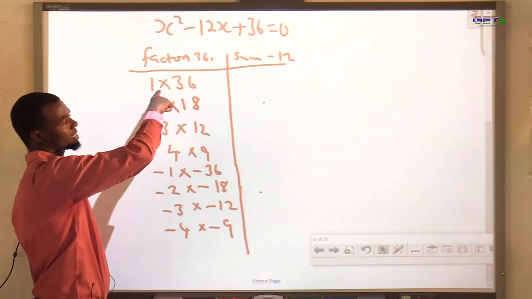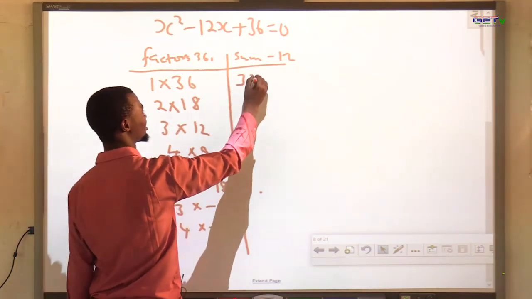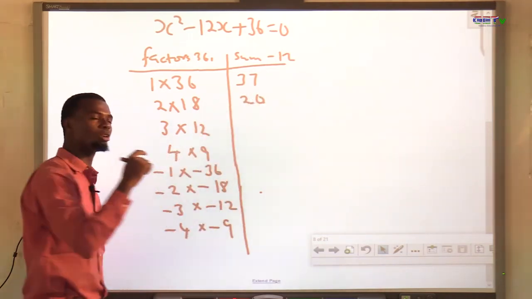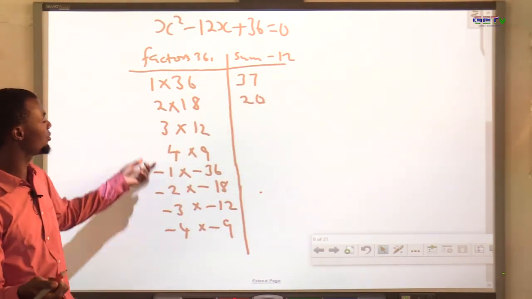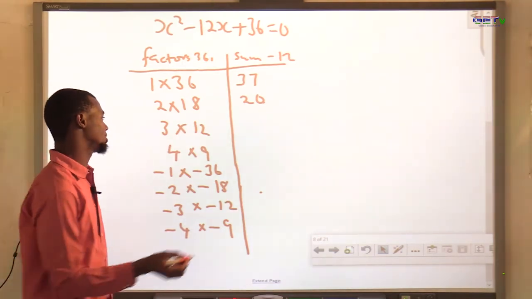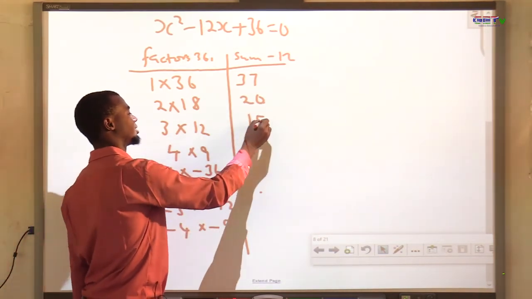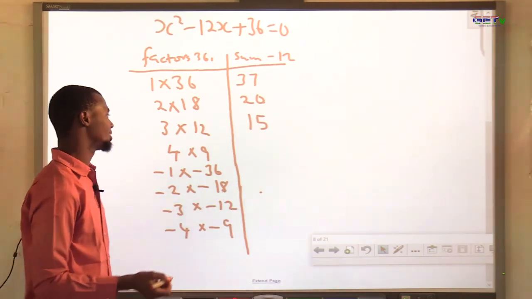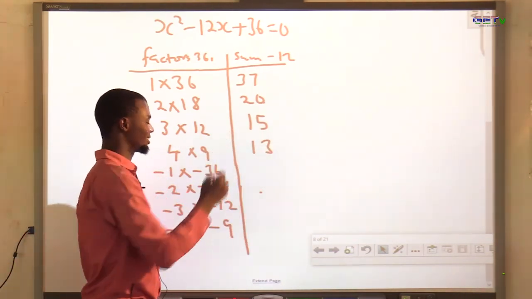If you add 1 and 36, you will have 37. 2 and 18 gives 20. 3 and 12 gives 15. If you add 9 and 4, that will give you 13.